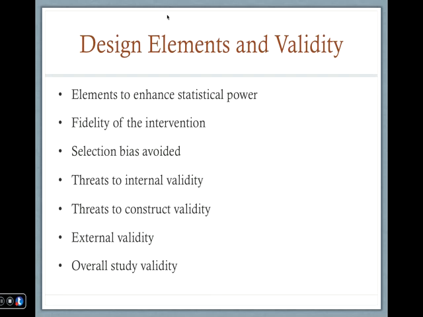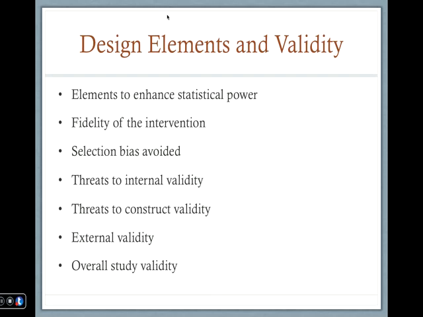We hinted a little bit about design elements and internal validity. These elements to enhance statistical power are key to having a usable study. If you're going to go through the time, effort, and energy to conduct a research study, you want to make it mean something. You want to have results that have an impact.